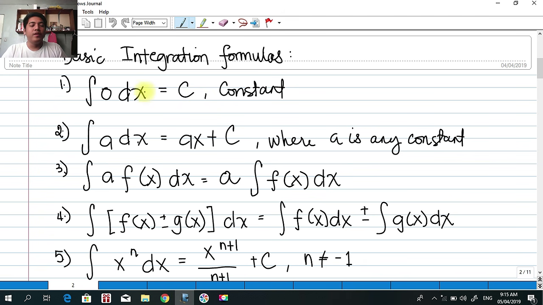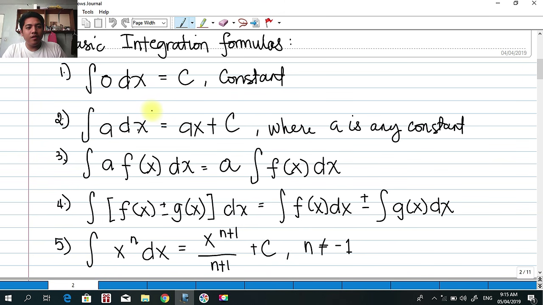So for number 2, the integral of a dx is equal to ax plus c, where a is any constant. So for example, the integral of, let's say, 2 dx, we can actually move the constant outside of the integral and evaluate the integral.